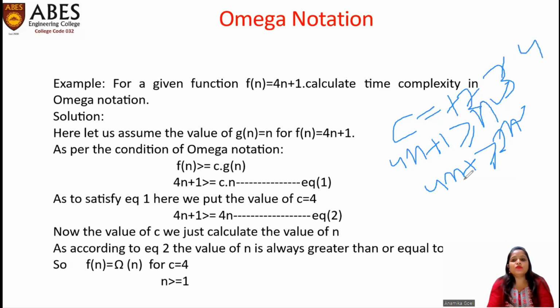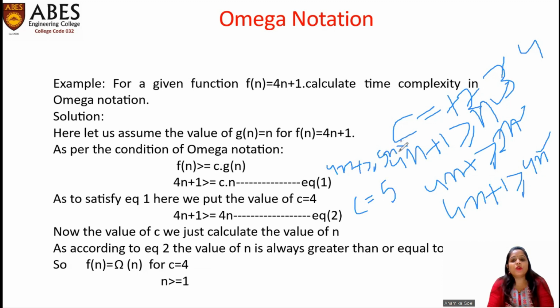For c equals 4, 4n plus 1 is greater than or equal to 4n. The condition is again true. Now again we check for the value 5. If I put c equals 5 in equation 1, 4n plus 1 is greater than or equal to 5n. Is it true or false?